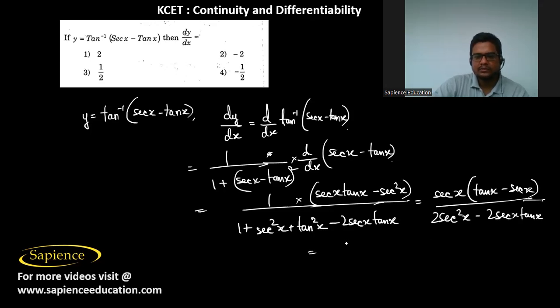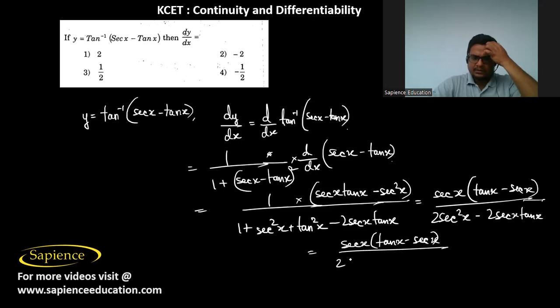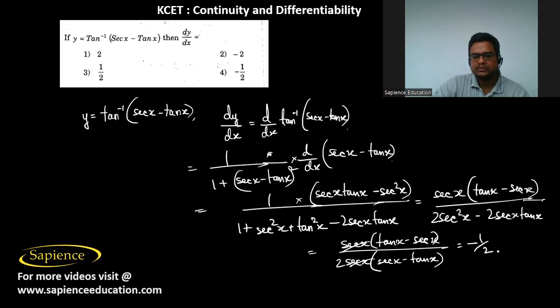So this will be equal to sec x into tan x minus sec x divided by 2 sec x, I can take as common, and this will be sec x minus tan x. So sec x will cancel, so this will be equal to minus 1 by 2. Since if we cancel these two, then we will get minus 1. So this is minus half. So option 4 is the correct answer.